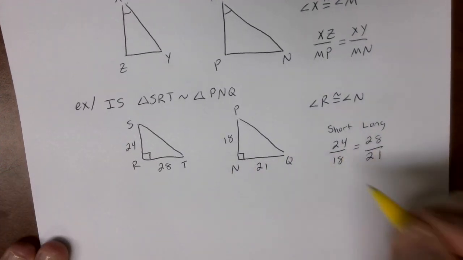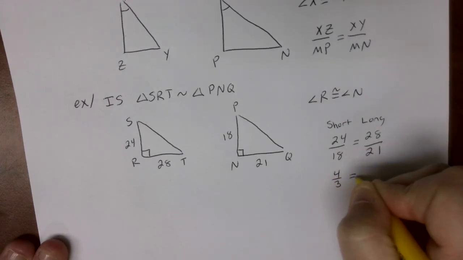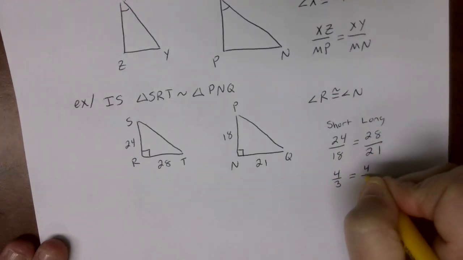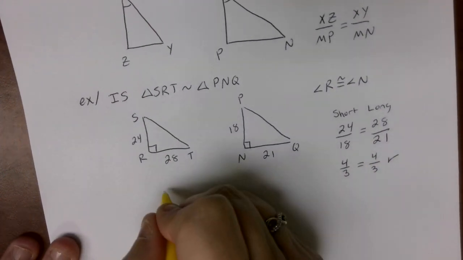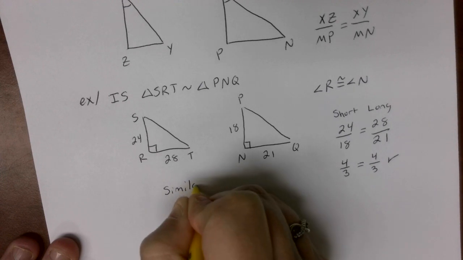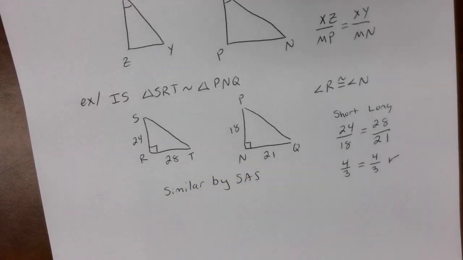Well, 24 over 18 would reduce to 4/3, and 28 over 21 would also reduce to 4/3. So that means that these two triangles are similar by side, angle, side. Okay, so you just have to check those. You got to make sure that the angle in between is the same.